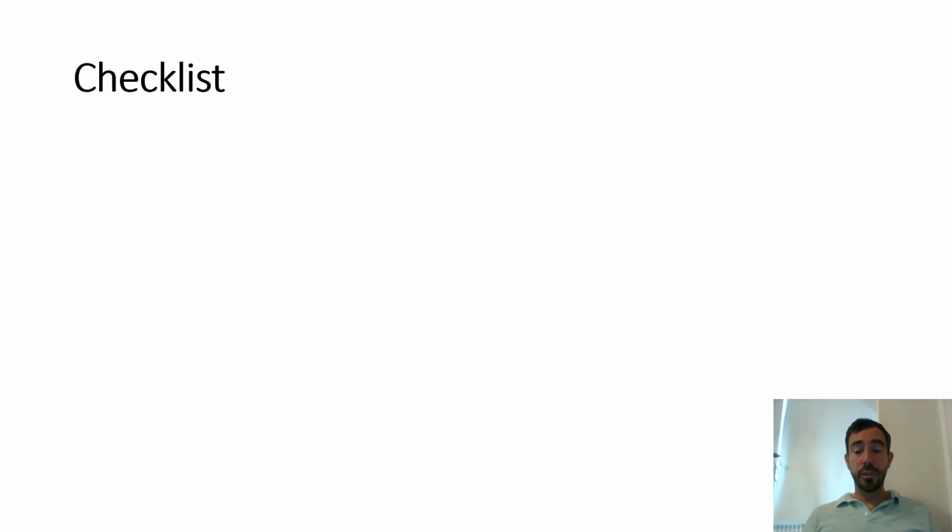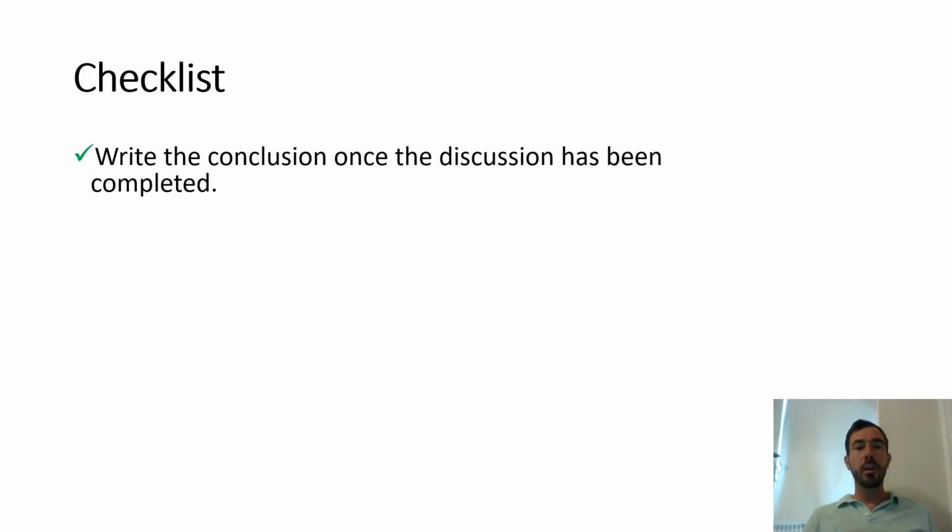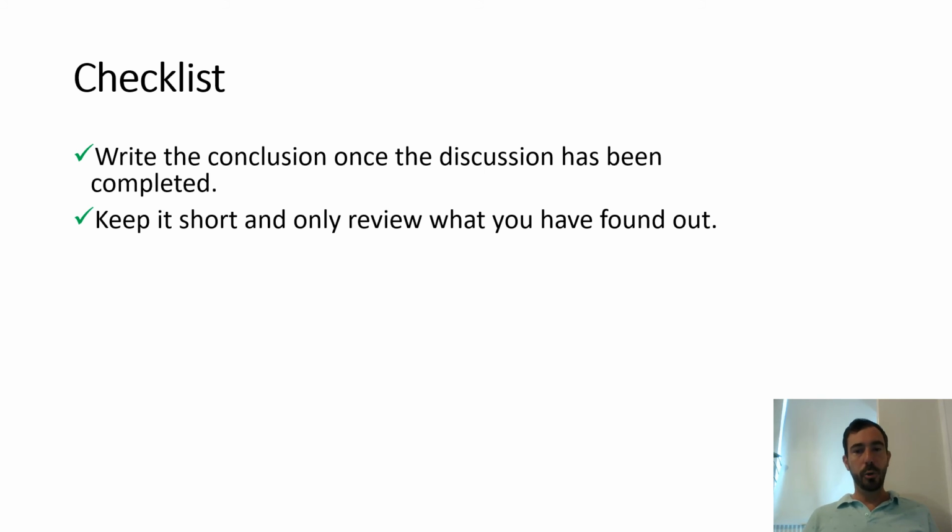So to finish, here's my checklist of what you need to do for a good conclusion and for a good abstract. Write your conclusion once the discussion has been completed. Conclude what you have actually found rather than what you wished you had found. Keep it short and only review your results.